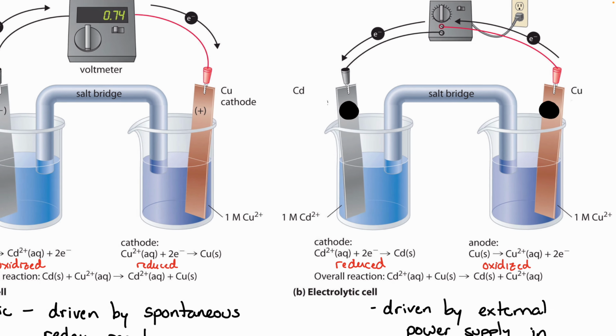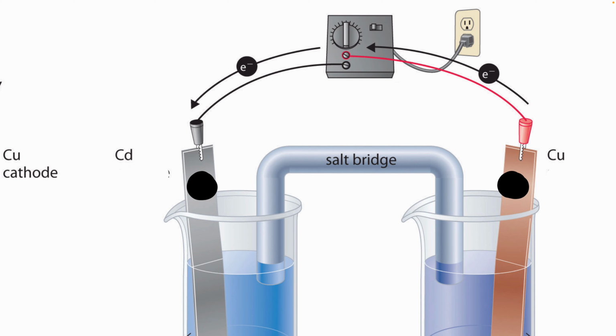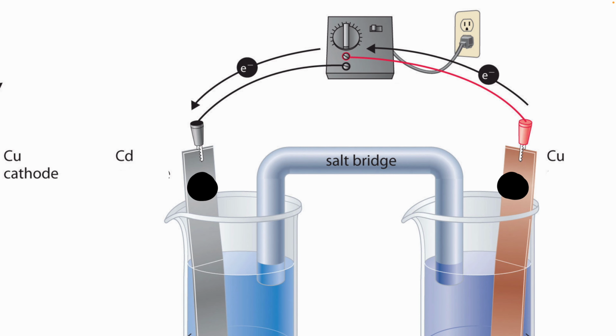All right, but if we think about it here, in order to drive this reaction, we're going to have connected that anode, our copper, to the positive end of our power source, because electrons are flowing in this direction now. Let's see if I can use a better color. There we go.